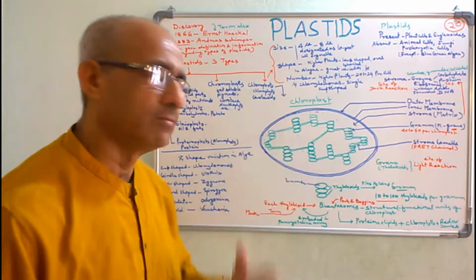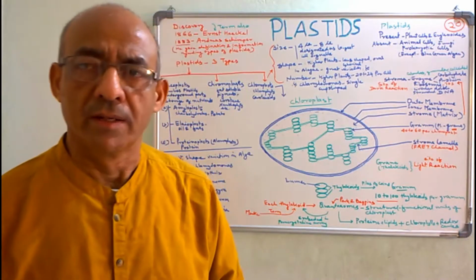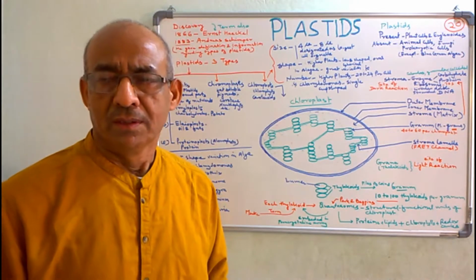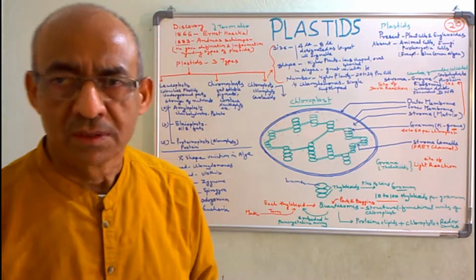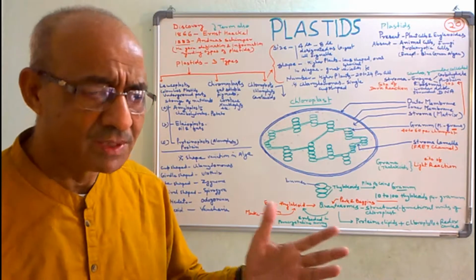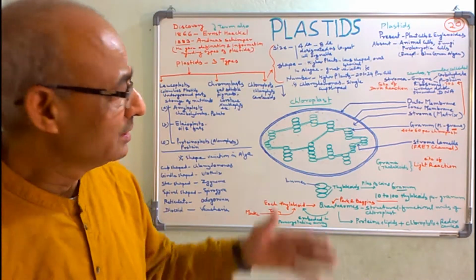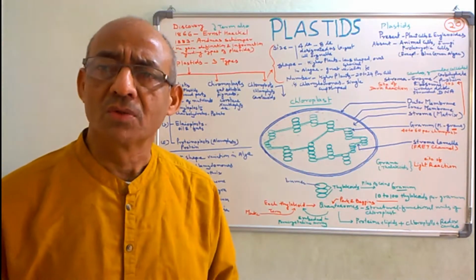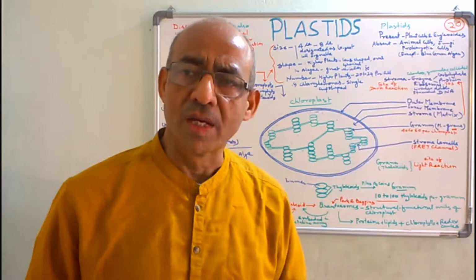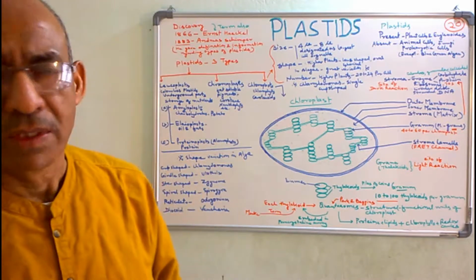Just similar to the mitochondria, the chloroplasts are also called semi-autonomous cell organelles, because the stroma or matrix of the chloroplast contains ribosomes and circular DNA.